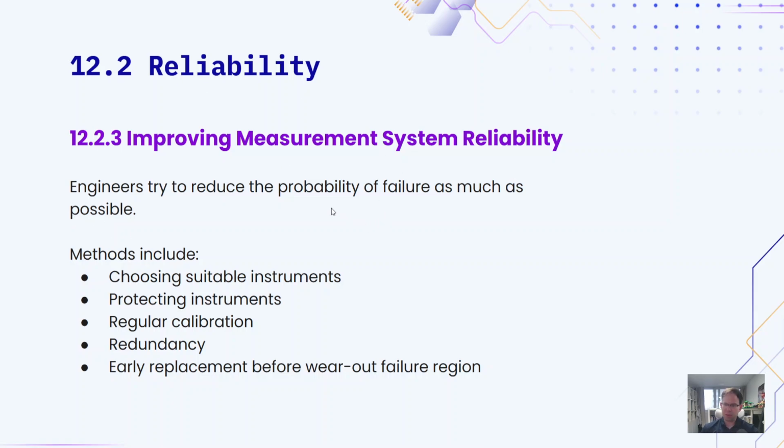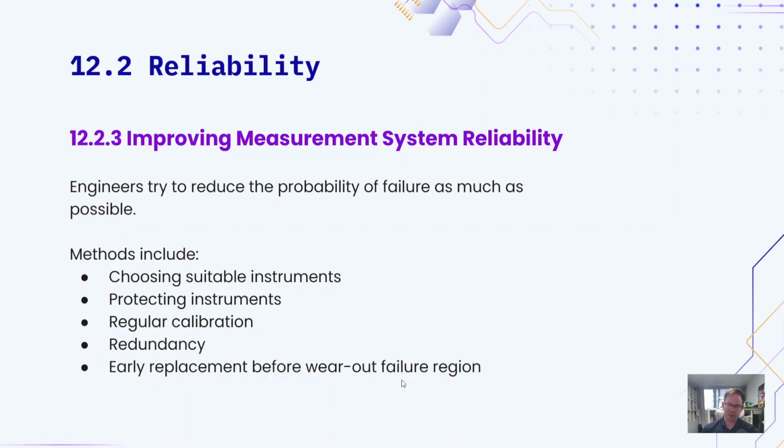Improving measurement system reliability. Some ways to do this are choosing better instruments, protecting your instruments better with things like insulation, regular calibration, keeping them up to date with calibration, and redundancy, very, very important keyword. The whole internet is redundant. Early replacement before the wear out failure region.